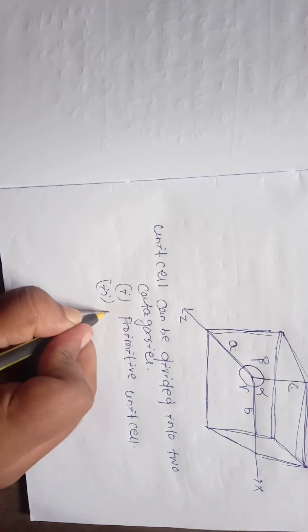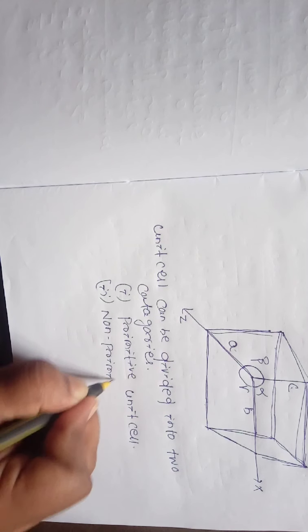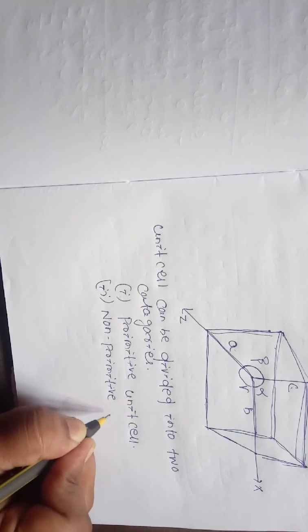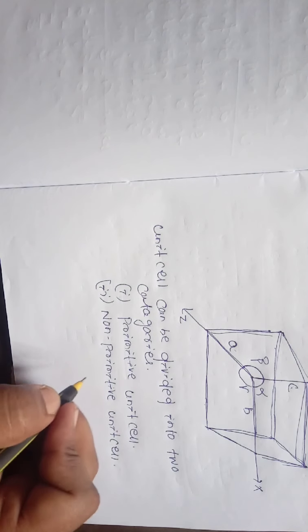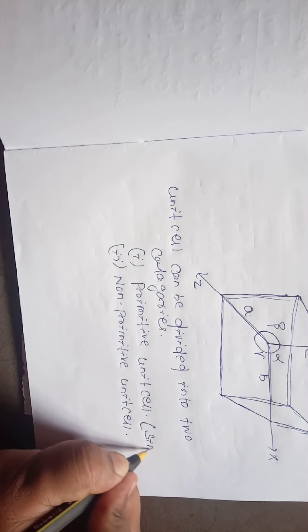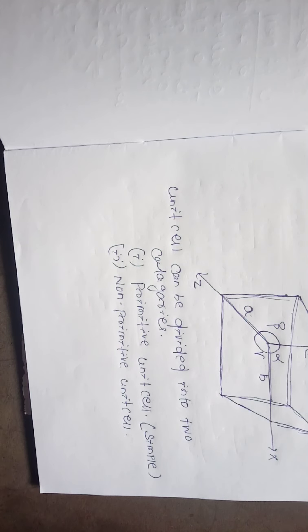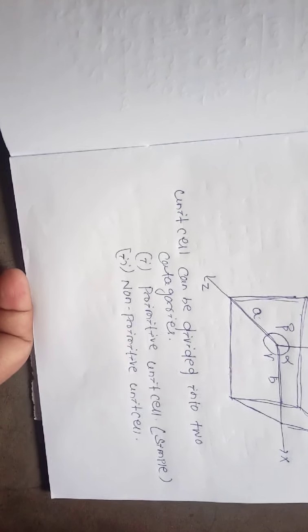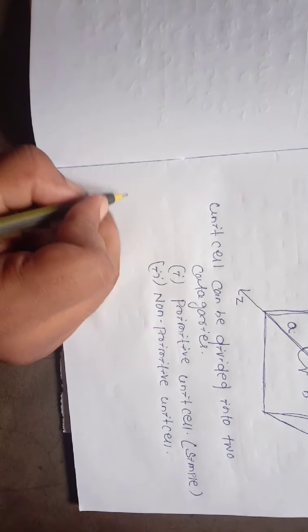Second one is non-primitive unit cell. Primitive unit cell is otherwise known as simple unit cell. So first one is primitive unit cell.